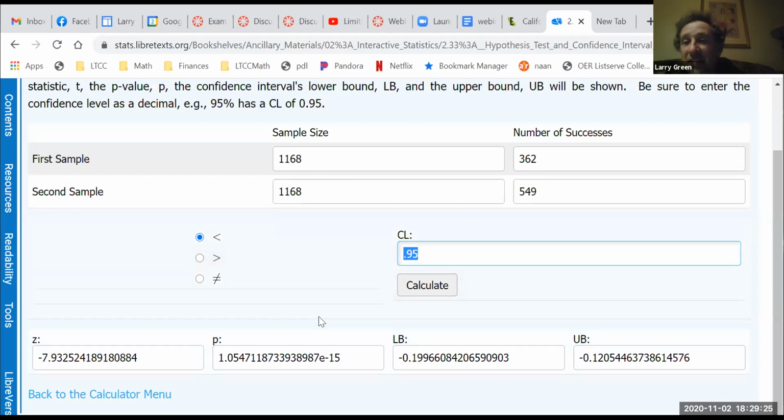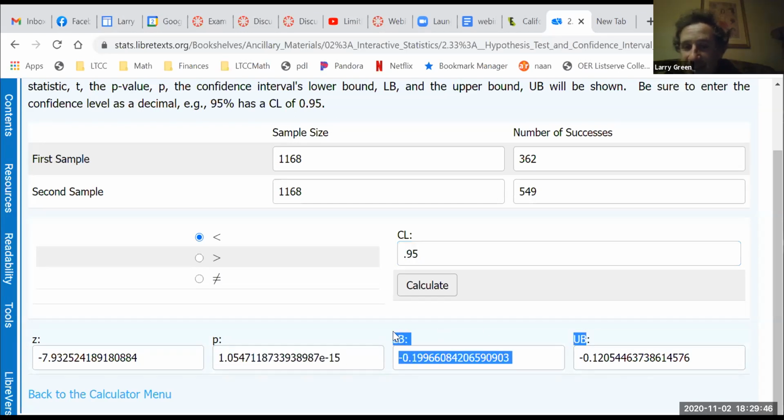Okay. I also let you know, this is kind of interesting. If you go to the textbook, this is one of the few places in the textbook that was not written by Ilowsky, except the confidence interval between two proportions. Any guess on who wrote that part of the textbook?